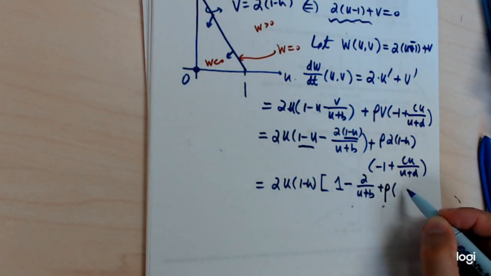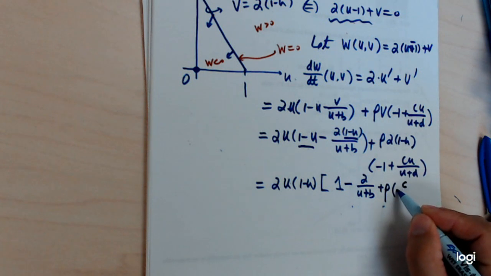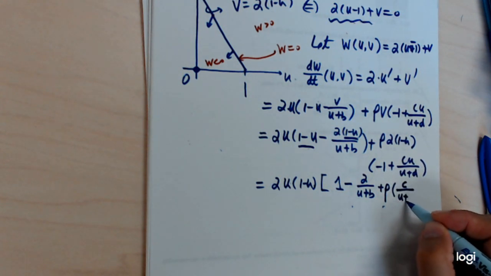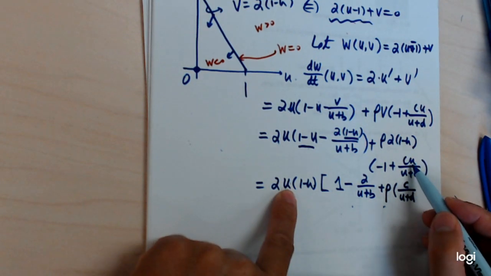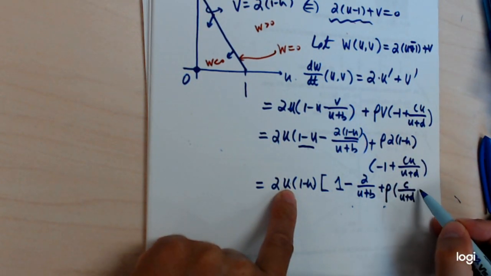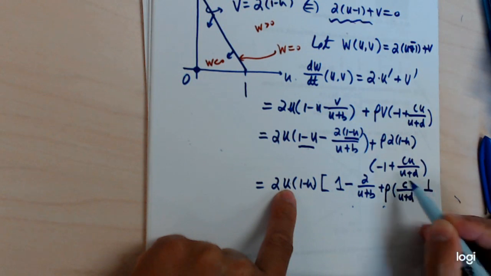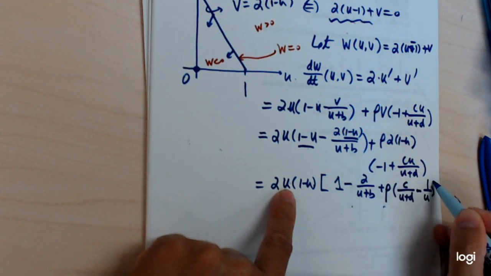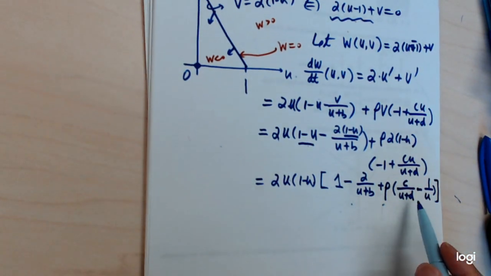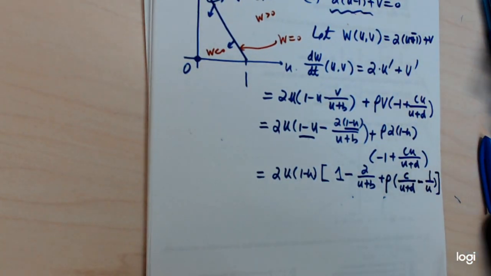Remember I took the u times (1 minus u) out. I took u out. That's what's left behind. Minus. This is a 1 here, but I'm going to take a u out. So make sure you verify this. This is not an easy calculation, but take a quick look.